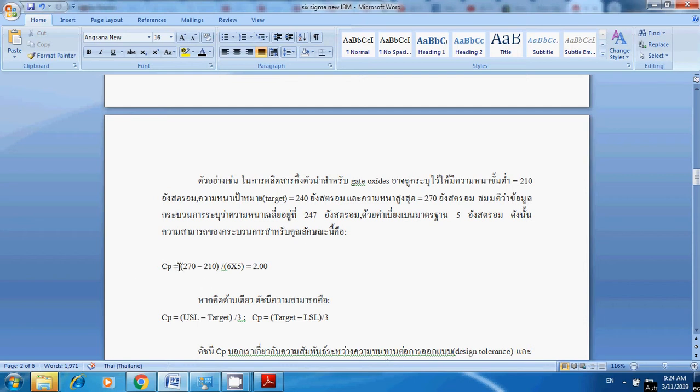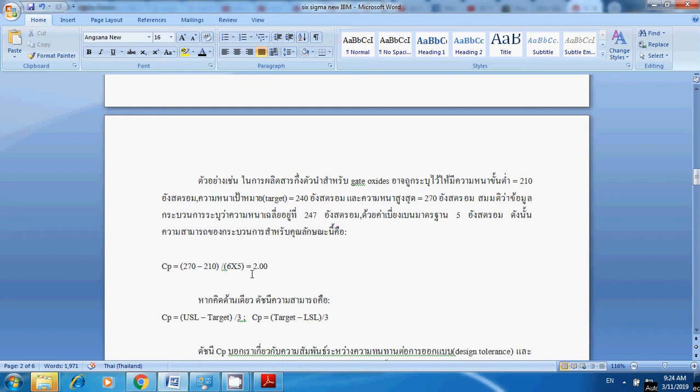Cp equals USL minus LSL divided by 6 sigma. Your USL is 270, the maximum, and 210 is the lower spec limit, or the minimum thickness. Your sigma, or standard deviation, equals 5 angstrom.